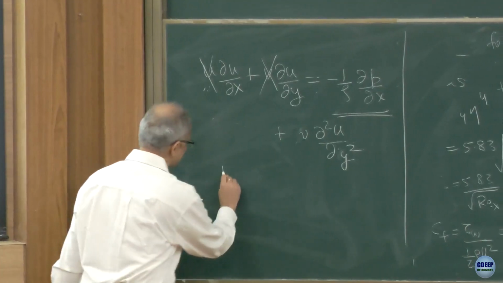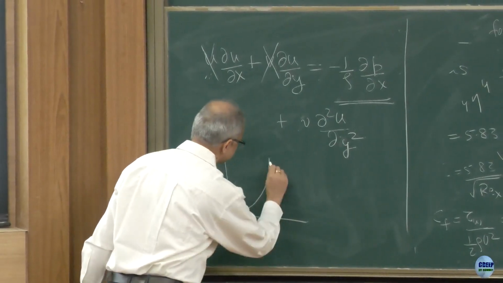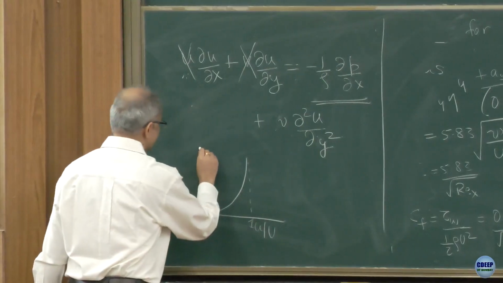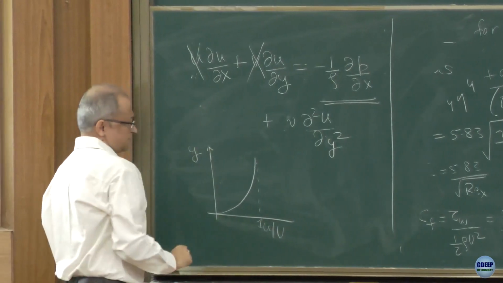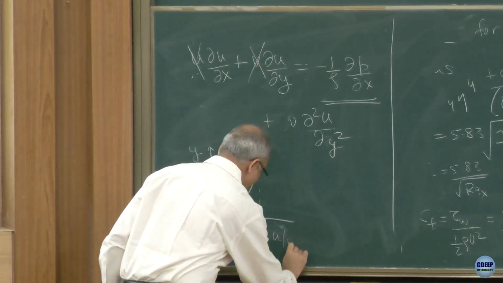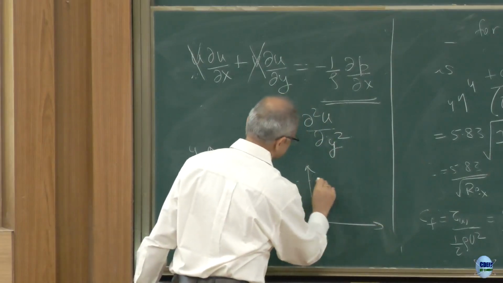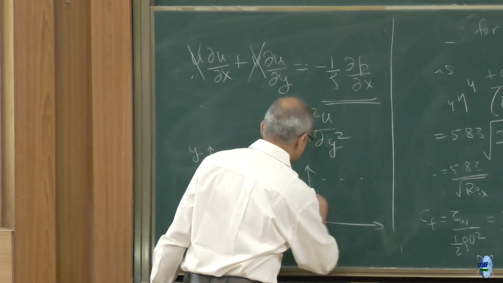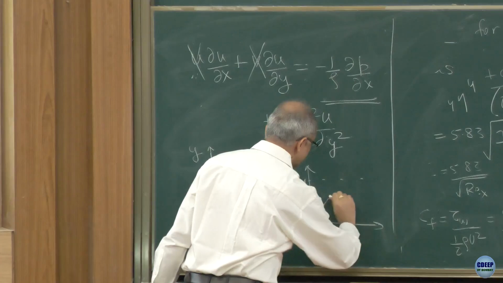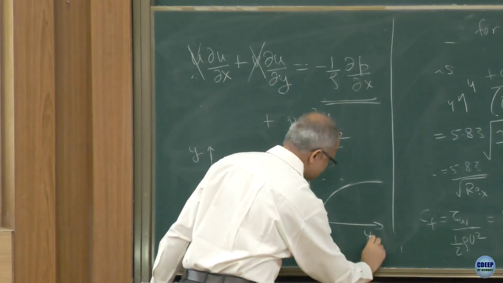So you can just see that this is my velocity profile, this is my u by capital U, which is going to 1, and this is my y. If you want to plot it the other way around, this is u by capital U, which is 1, and this is how my profile is asymptoting to 1.